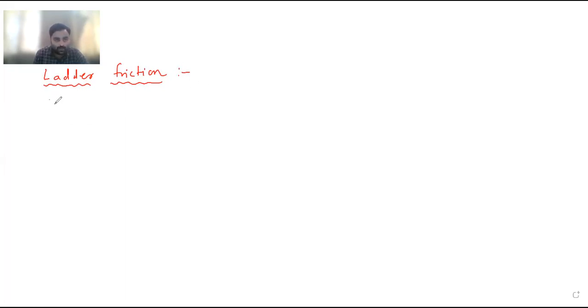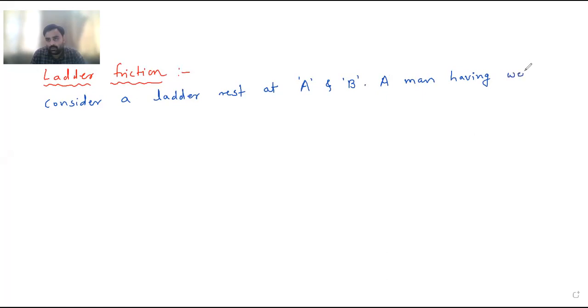You also write with me: consider a ladder resting at A and B. A man having weight W is at point C.